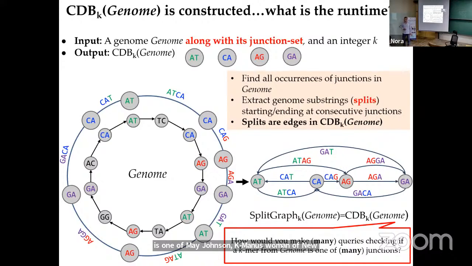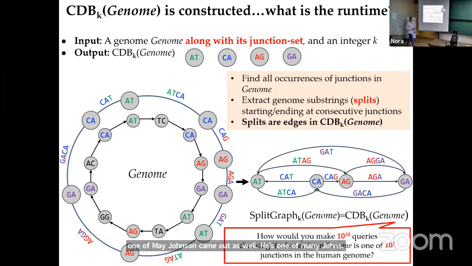In the real case of the human genome, how would you make 10 to the power 10 queries, checking if a k-mer from the genome is one of 10 to the power 7 junctions? Very slow. That would not work for our goals. Even on this note, we still don't have an oracle, and even if we have an oracle, it still will not work.